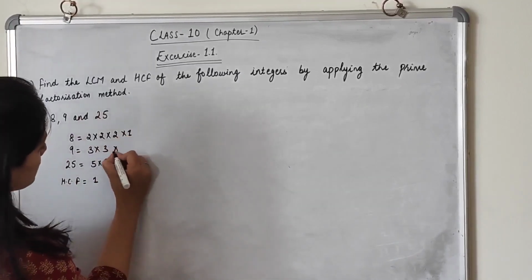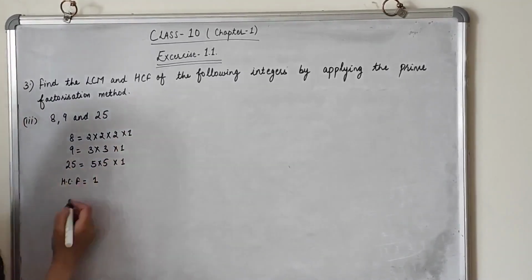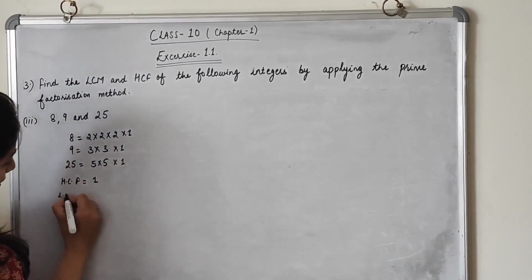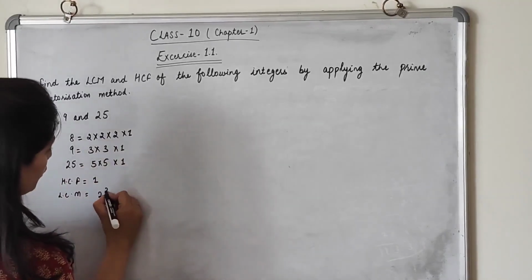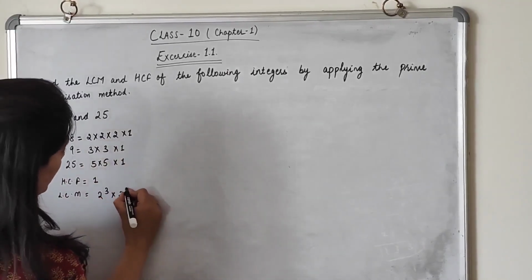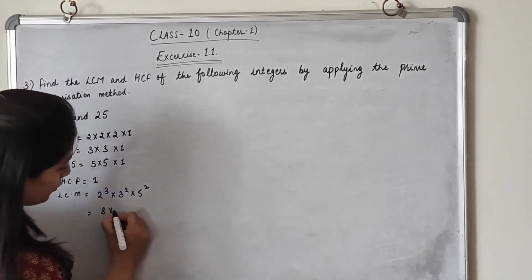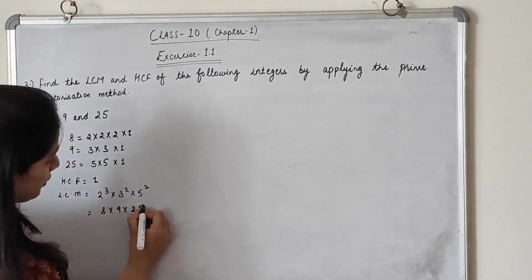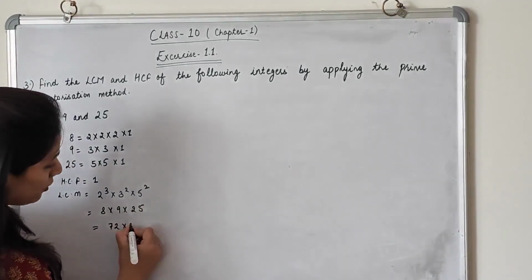Only 1 is common amongst these numbers. And LCM is 2 cube into 3 square into 5 square, which is 8 into 9 into 25. What is the answer? 72 into 25.